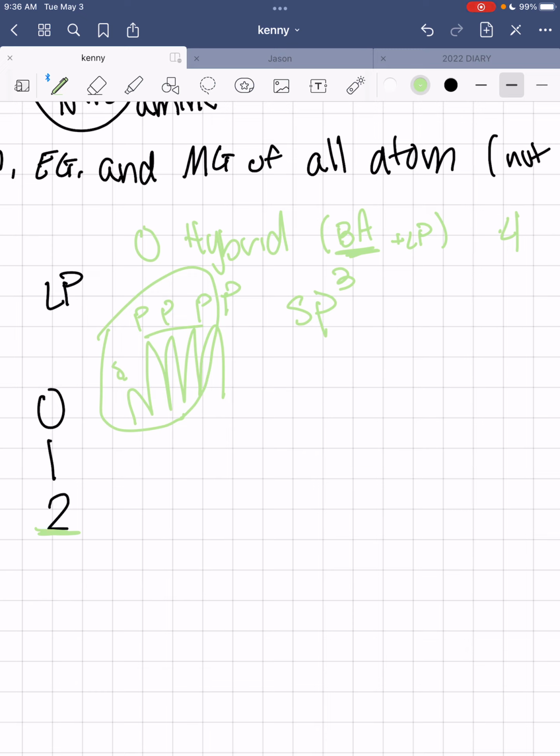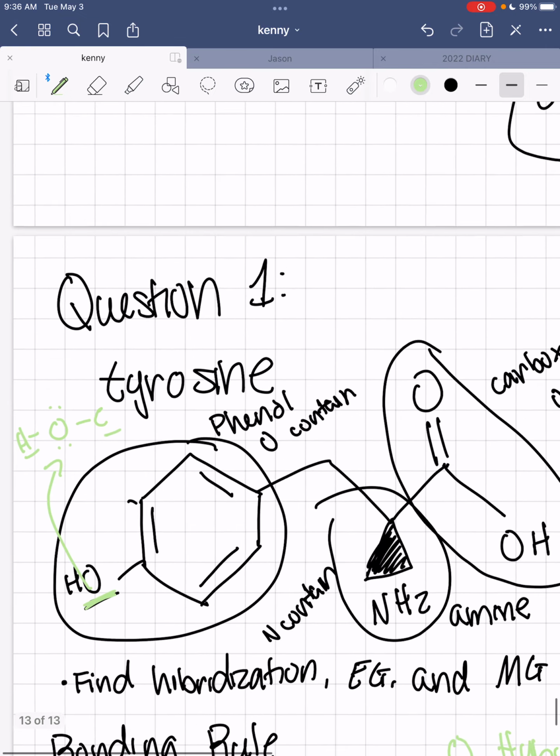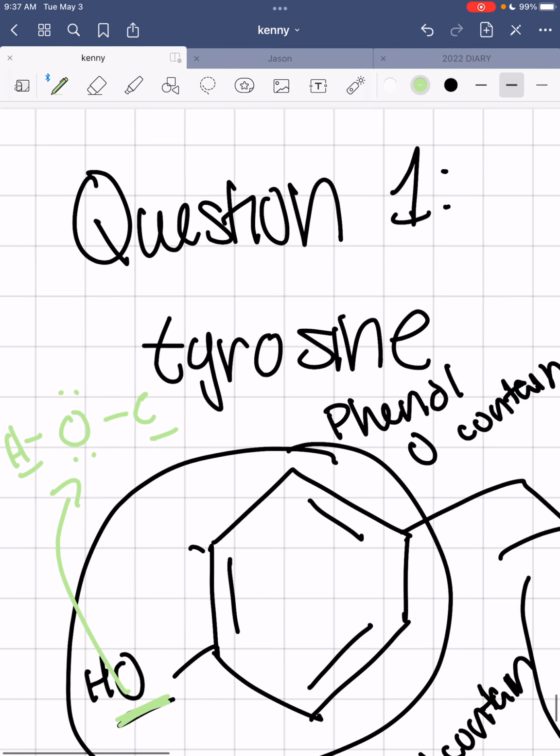Next we need to find the electron geometry, and you would use a geometry table. Let me find mine. First let's identify how many electron groups there are. Electron groups are lone pairs or bonding atoms, so there's 1, 2, 3, 4.